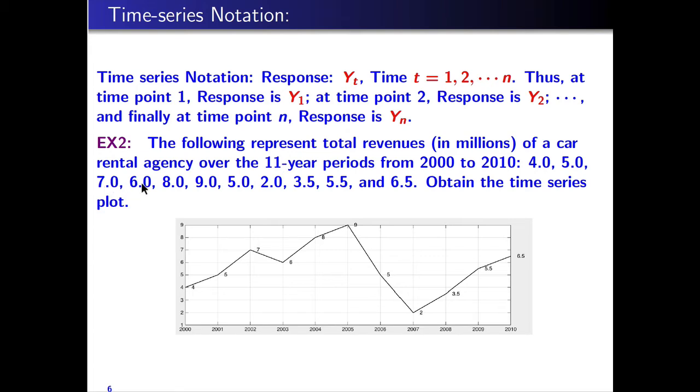And 2003, y4 equals 6. 2004, y5 equals 8. 2005, y6 equals 9, etc. And then we plot our data and we can see the pattern of movement associated with our data.